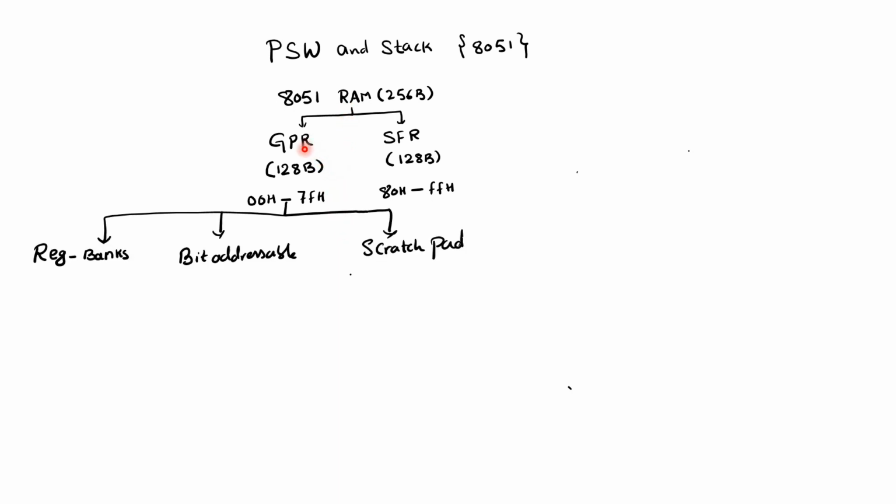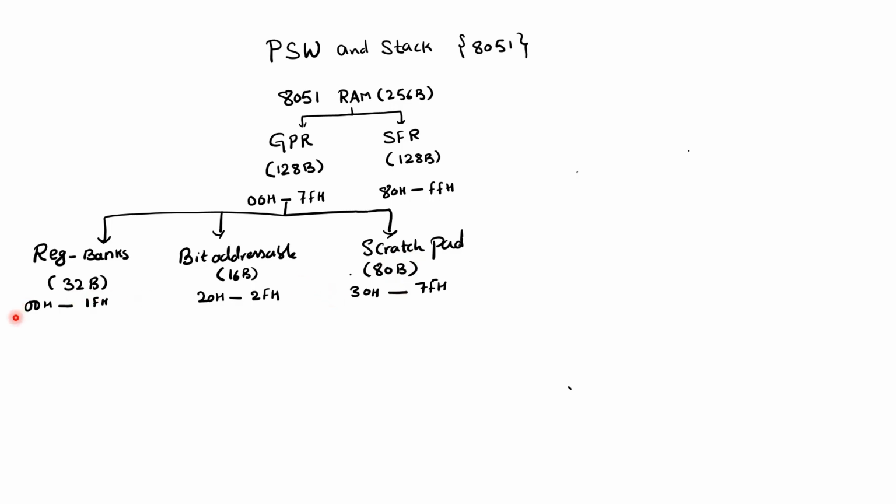Now the GPR is further partitioned into three sections, namely register banks, bit addressable, and scratch pad. Out of 128 bytes of GPR, 32 bytes are reserved for the register bank, 16 bytes for bit addressable, and the remaining 80 bytes for scratch pad.